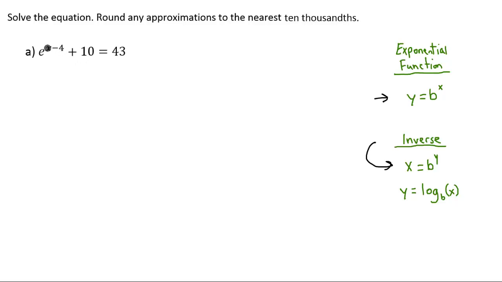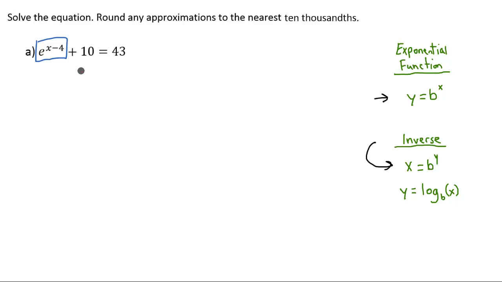We're going to have to isolate this part right here, which has the base e and the exponent. Isolate that, get it by itself, because then we could take the inverse form of an exponential function and rewrite it with our log form, and that gets rid of the exponent. It brings that y down to the regular level, I guess you'd say, and we could solve for it.